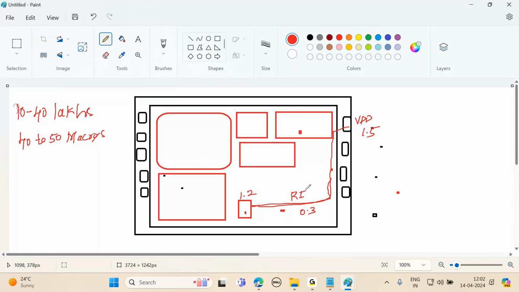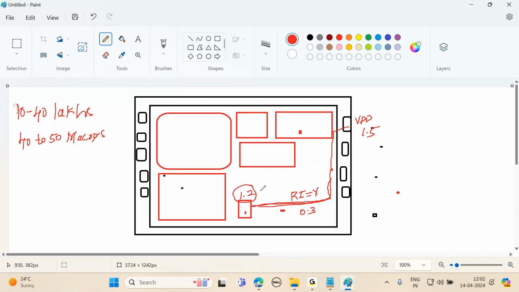According to Ohm's law, I into R is V. So because of the resistance present in this metal layer, some voltage drop happens on the metal layer. That voltage drop is converted in the form of heat. That is lost in the form of heat. So how much is going to reach here? 1.2 volts. So now my cell performance is affected.